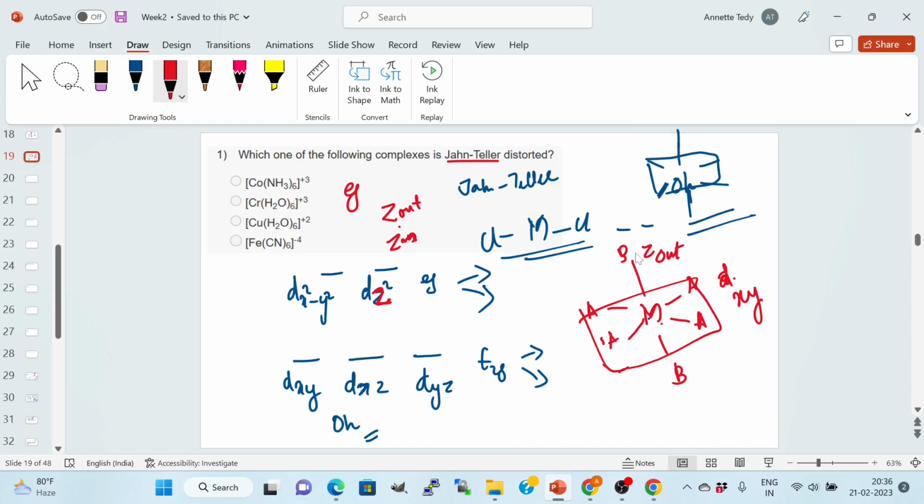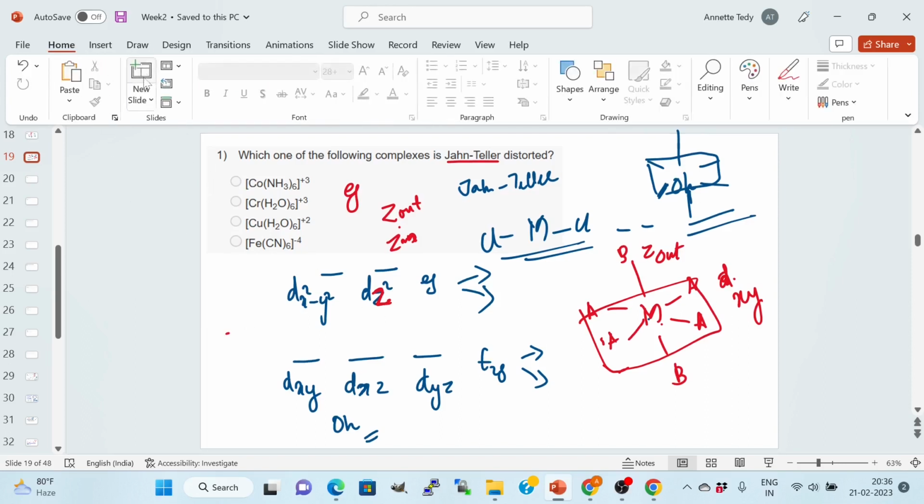Since Z is going much farther away from the metal, it has lesser interaction with the metal. Therefore, the repulsion is much less. Therefore, the energy of the Z square orbital will decrease. I'll show it in a new slide.